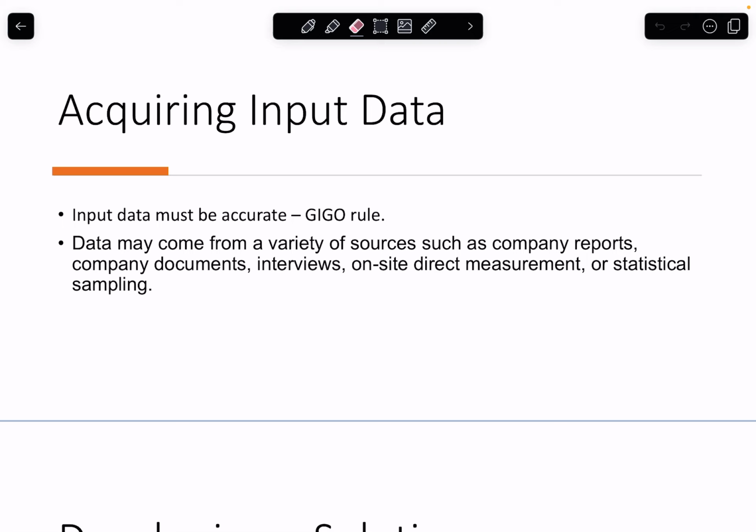Data may come from a variety of sources, such as company reports and company documents. We can even interview. Aside from the actual data based on the reports, especially if we are dealing with people, we could interview.